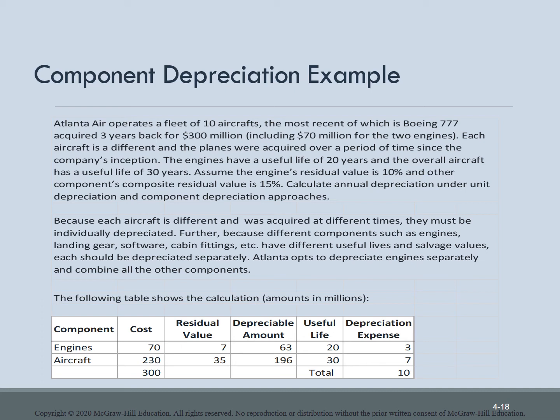The aircraft, on the other hand, has a cost of 230 million. The residual value on that is 15%. 15% of 230 is 35 million. So our depreciable amount is 196 million there, divided by 30 years, which is going to give us roughly 7 million per year in depreciation.